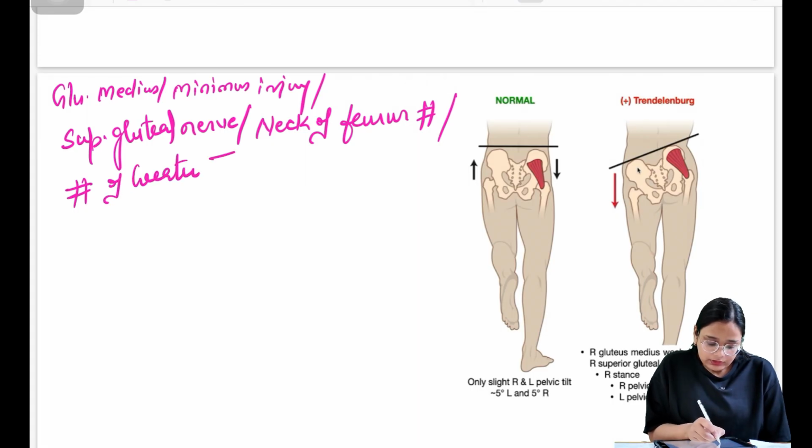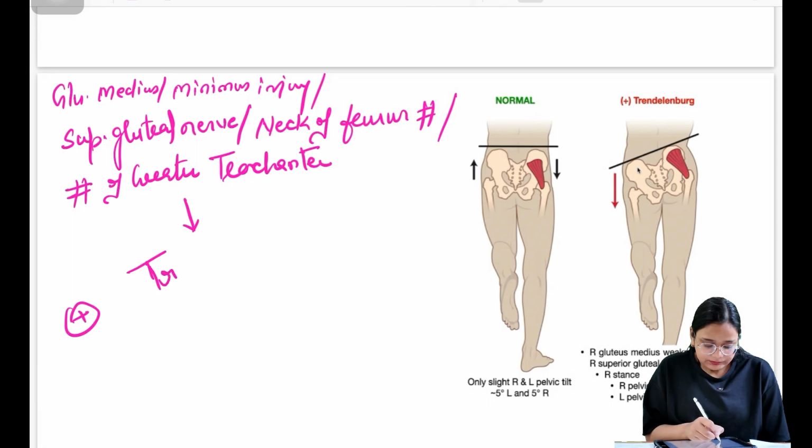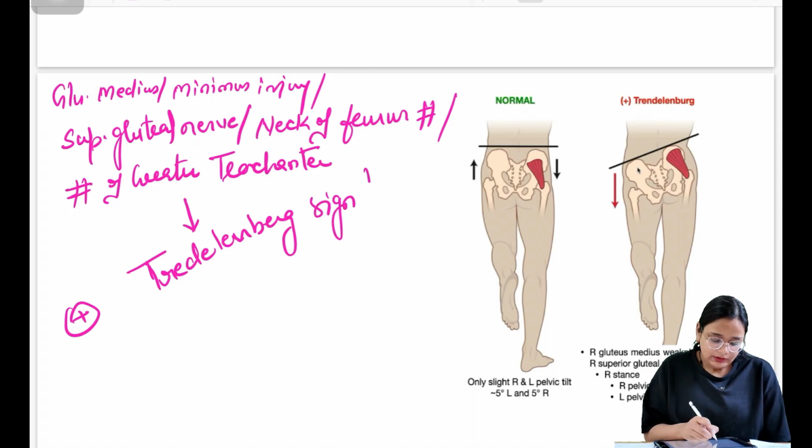All these injuries will lead to a common condition known as positive Trendelenburg sign, or I can say lurching gait.